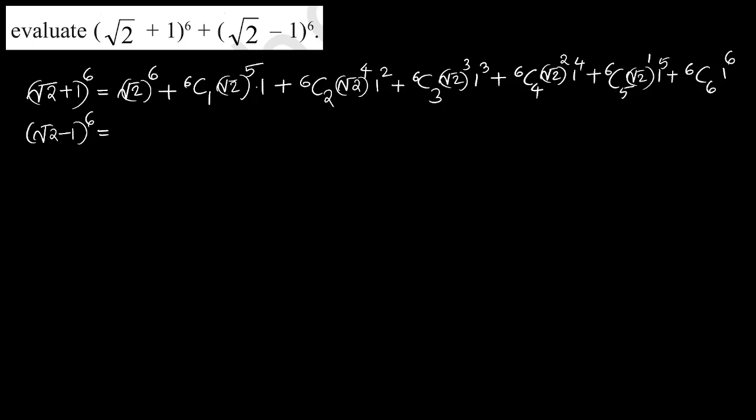Both of them have the same terms, but in the case of (a minus b) raised to n, the signs go plus minus. So you just copy the previous terms, and the sign to be changed. First I have the plus sign, the second term minus. You just copy the same term.